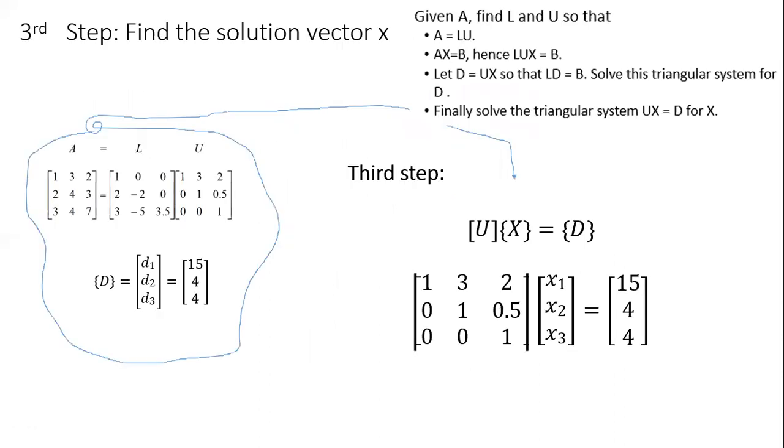Then the third step here is to find the solution vector X. So this is the last step. So we have here this matrix form, U times X equals D. The D here was obtained from the second step. Of course, our X here is our variable from the given x1, x2, x3. And the U here is the upper triangular matrix, which is obtained from the first step. No?